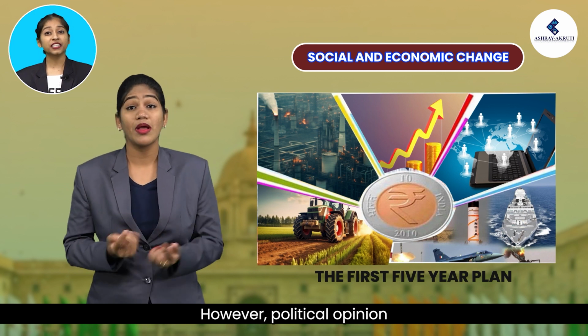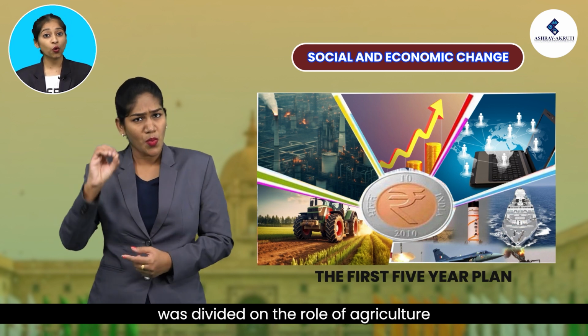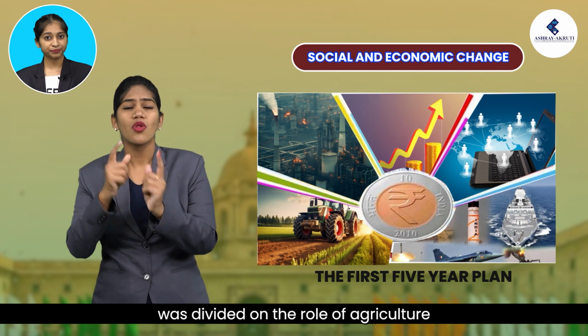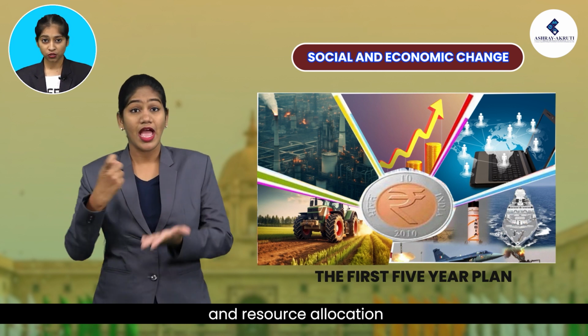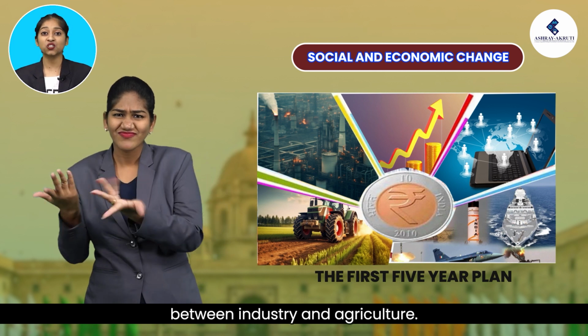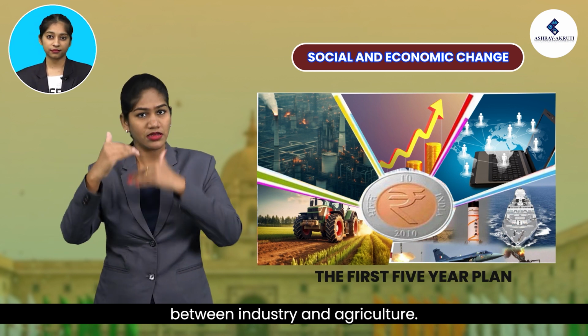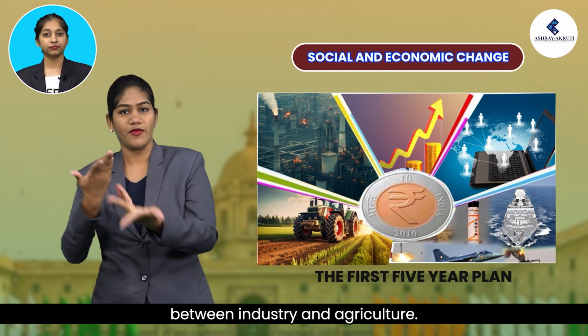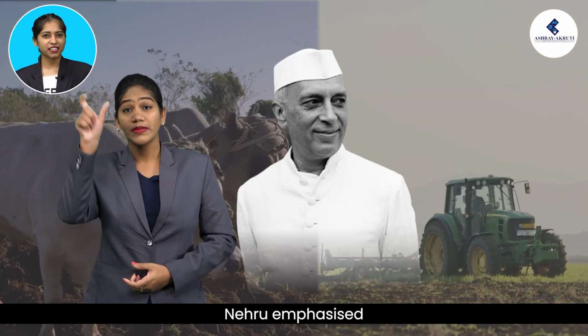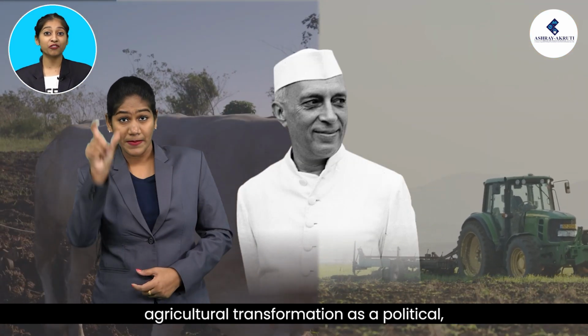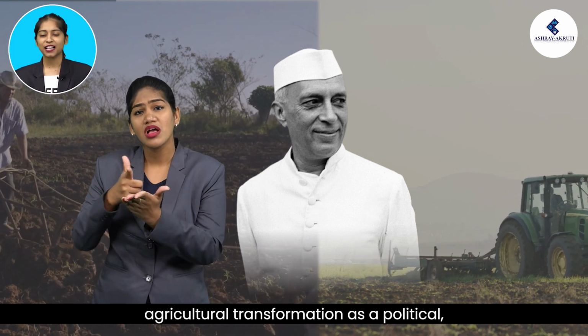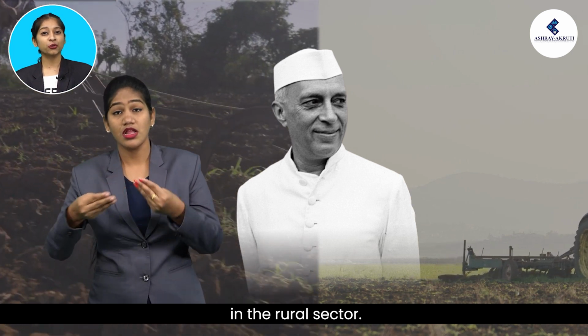However, political opinion was divided on the role of agriculture and resource allocation between industry and agriculture. Nehru emphasized agricultural transformation as a political, social and economic issue in the rural sector.